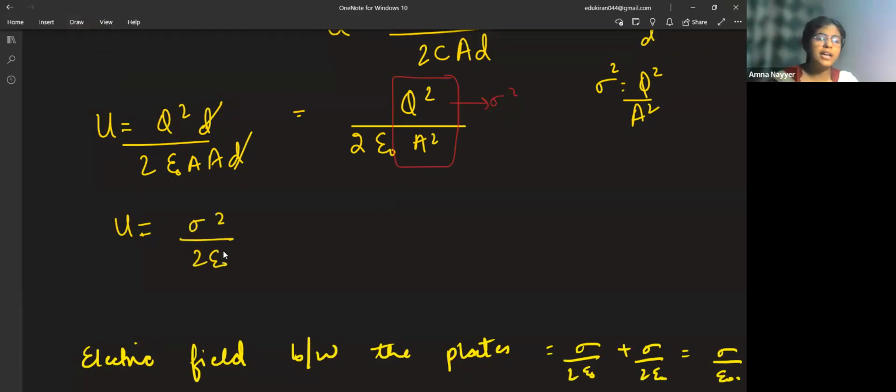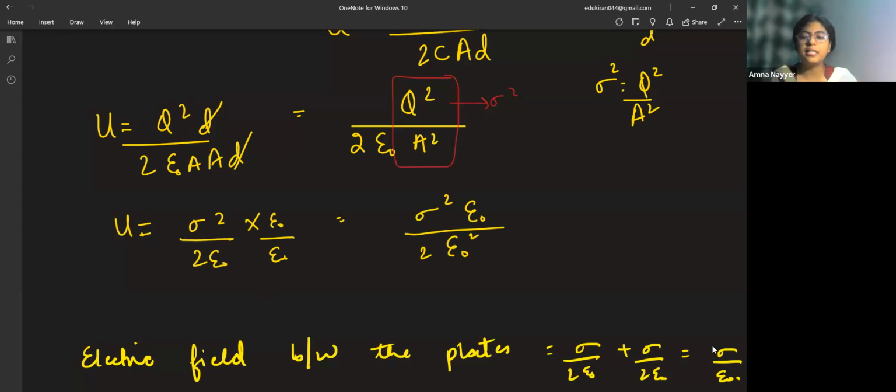Now to get my final answer, if I multiply and divide it by the same quantity, that is epsilon naught, will there be any difference in the answer? No, if you multiply and divide it by the same quantity, the quantity remains the same. So why am I doing this? Because by this, I'll obtain sigma square by epsilon naught square divided by 2 epsilon naught. Again, class, Tharif, you were asking what was sigma by epsilon naught. Between both the plates, the net electric field becomes sigma by epsilon naught.